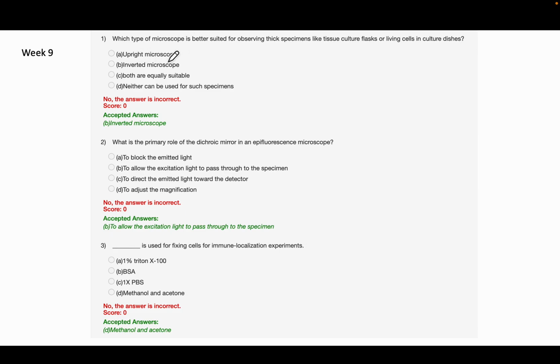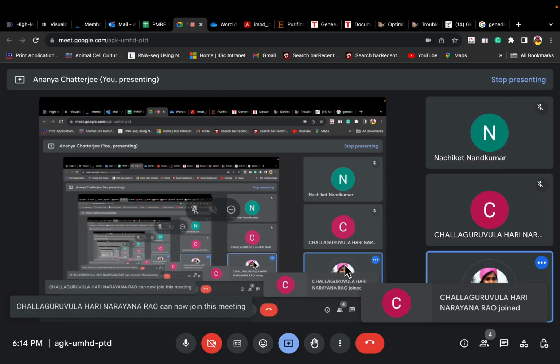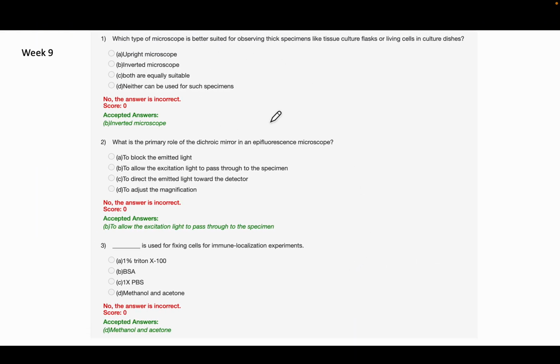Upright microscope, inverted microscope, both are equally suitable, or neither can be used for such specimens. So the answer will be inverted microscope.